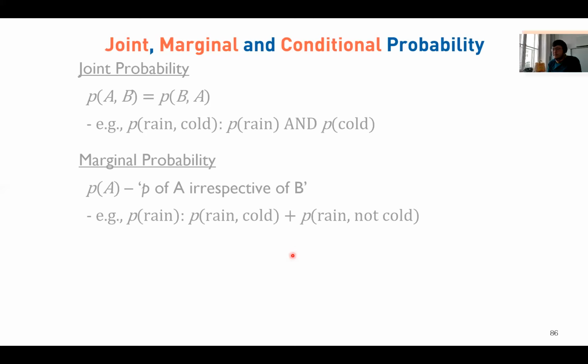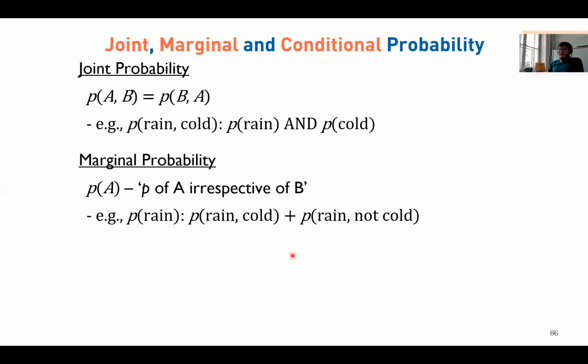The most important ones are the joint probability, the marginal probability, and the conditional probability. A little bit mathy-ish, but not really, and I can walk you through slowly. Suppose we have 2 types of events, A and B, just some random events.